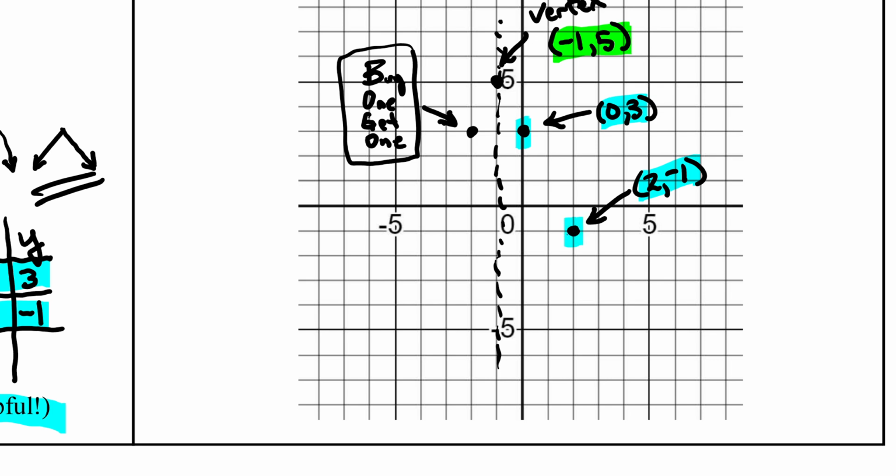But, once again, 3 units from the axis of symmetry. I can go over here 1, 2, 3 units on the other side and graph another point. And now I can just connect these points. I've got my 5 points.